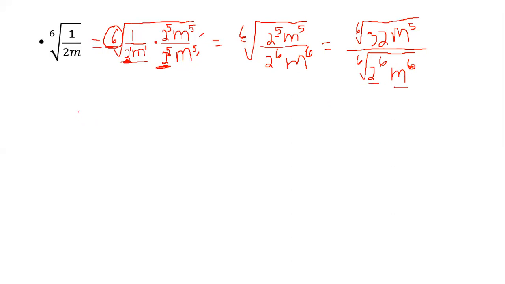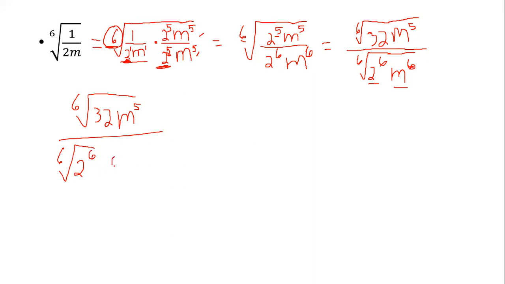So, moving on, we have the 6th root of 32 m raised to 5 divided by the 6th root of 2 raised to 6 times the 6th root of m raised to 6.